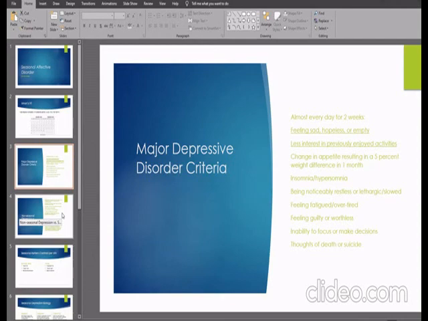So in patients that have symptoms that look like this, so again, 5 or more, almost every day for 2 weeks, and it has to include at least one of the underlined, I want to rule out hypothyroidism, because hypothyroidism can really cause a slowing and a general fatigue within patients. Blood sugar issues, okay? A viral infection, specifically mono, can cause patients to become very, very lethargic, very tired very quickly.